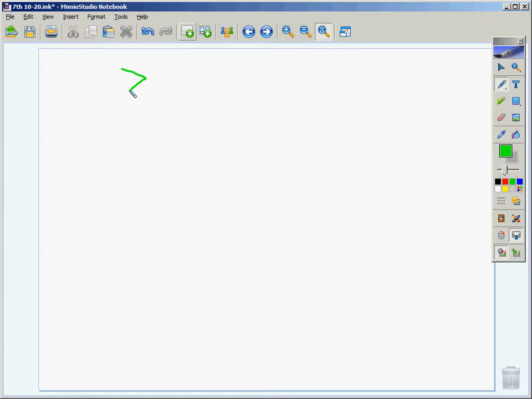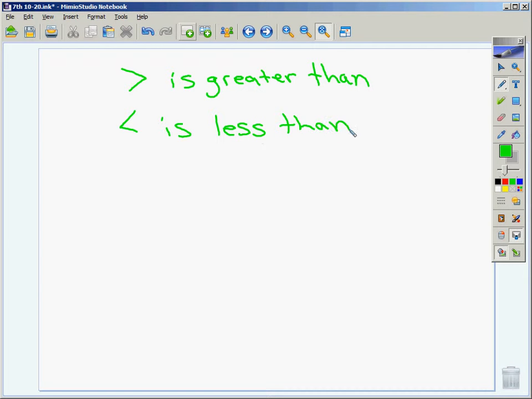Is greater than. Is less than. Is greater than or equal.